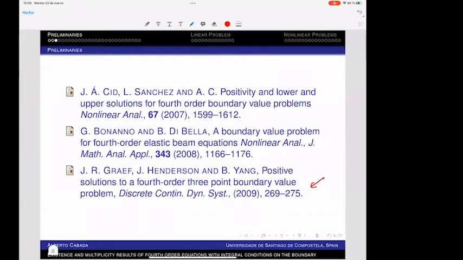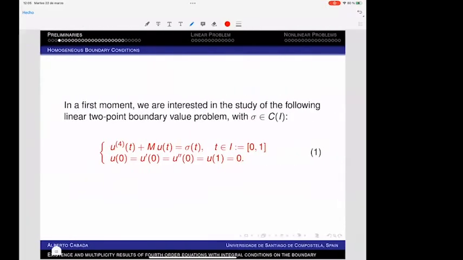And in this one, they use Leray-Schauder-Debré combined with properties of the Green's function for homogeneous boundary conditions. These are only a few examples of different kinds of arguments or tools used to approach this kind of problems, but there are, of course, many works in this direction.